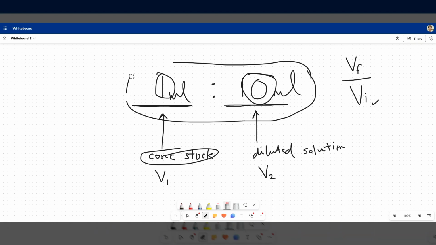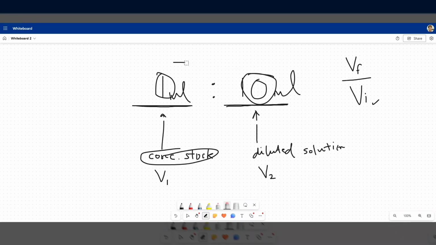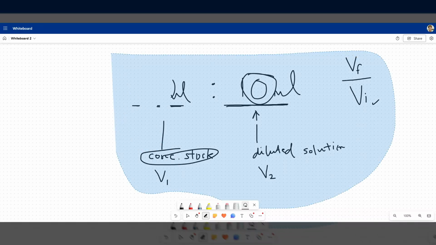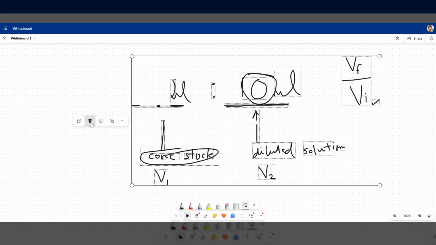Now, this is related to another kind of question which involves an equation, and it actually ends up being a very fundamental equation for working in the laboratory. Let me erase all of it. Delete. There we go.